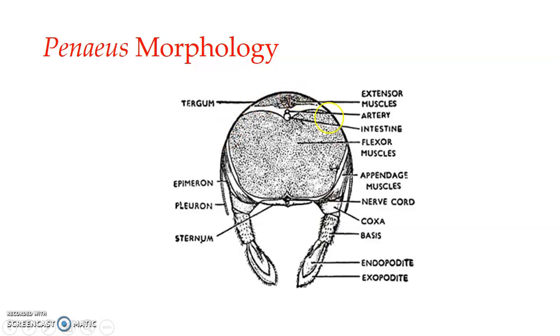The dorsal part is known as the tergum, the lateral part is known as the pleuron, and the ventral part is known as the sternum. So these three together form the sclerite of a particular abdominal segment. And an appendage is connected with the pleuron.